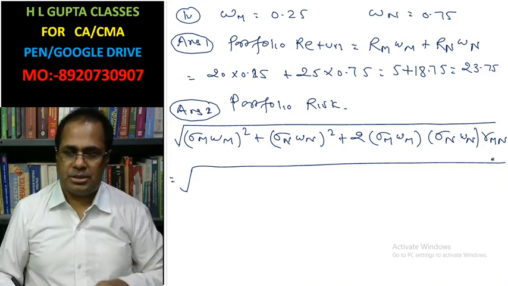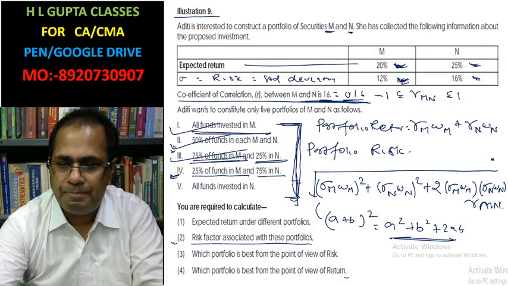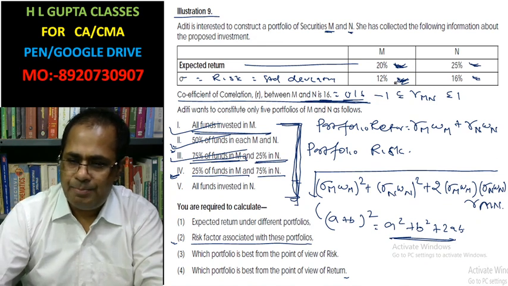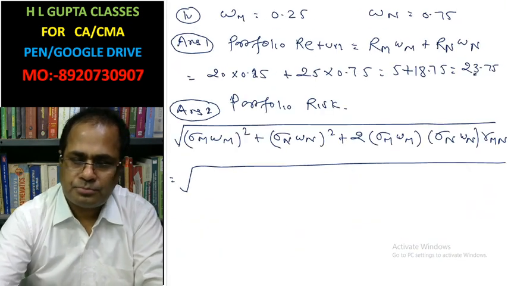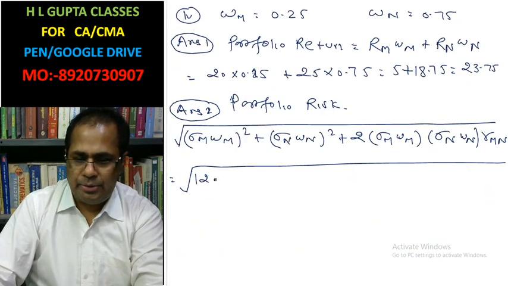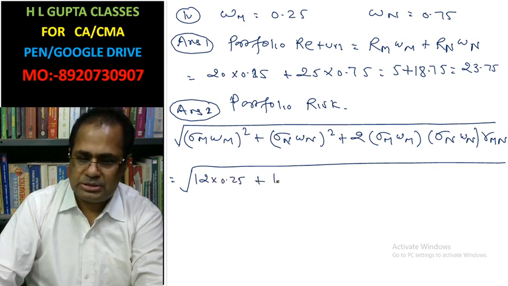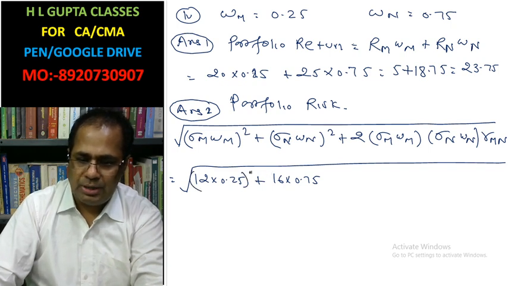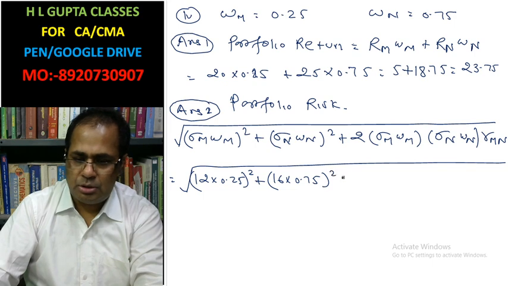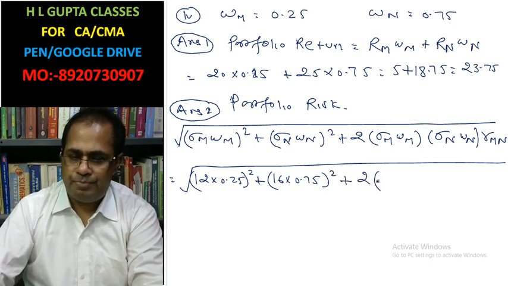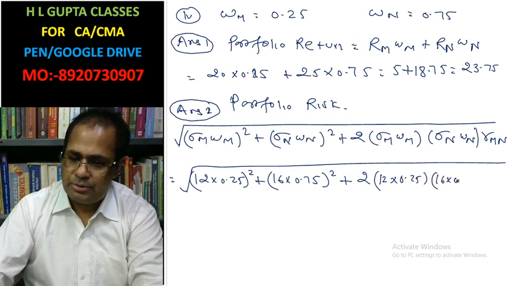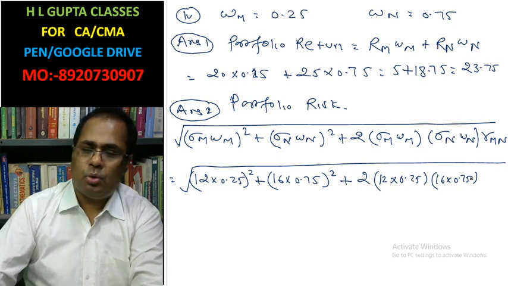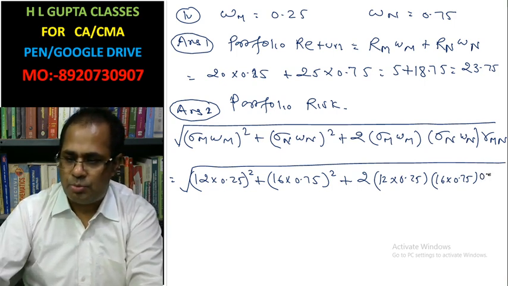What is the standard deviation of M and N? That is given in the book: 12% M and 16% N. 12 into 0.25 plus 16 into 0.75, this is the whole square. This is also whole square. 12 into 0.25, 16 into 0.75, coefficient of correlation, that is 0.16.